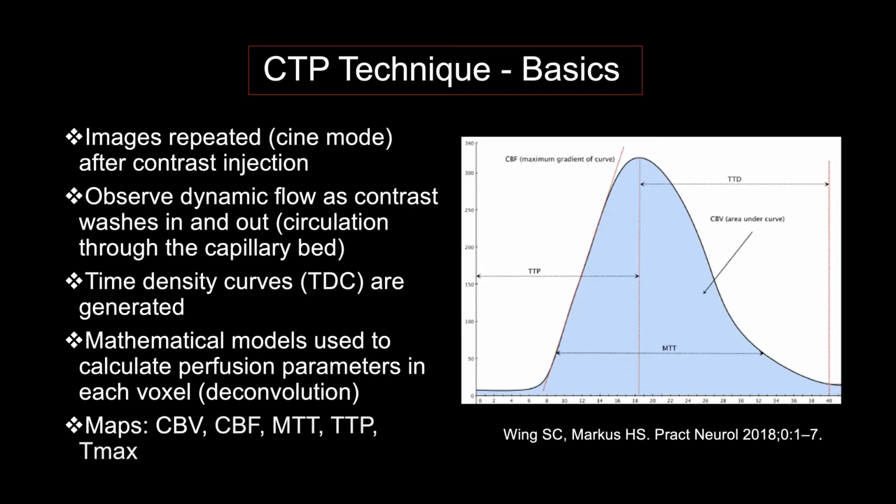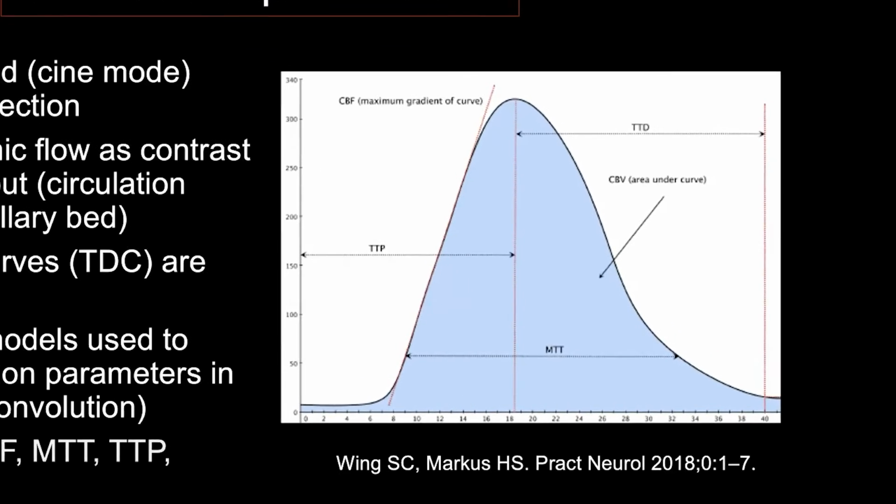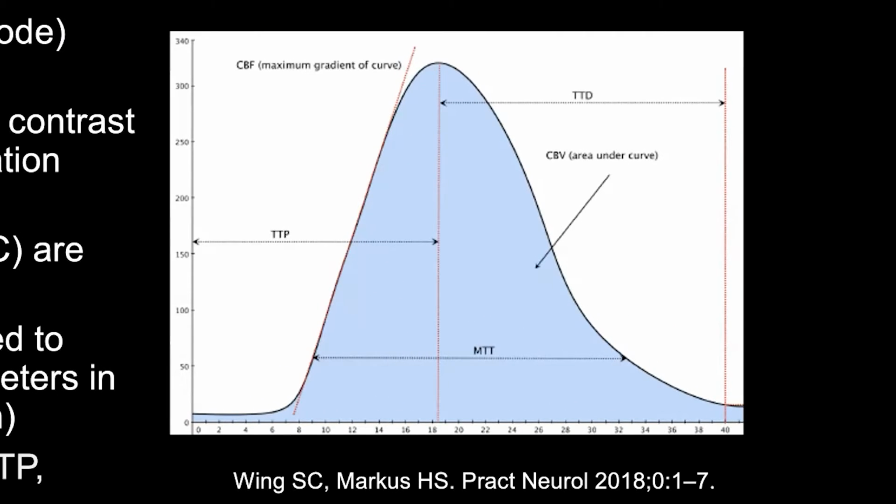The images in the CT perfusion when the patient is on the scanner are repeated. It's a cine mode, which means that the CT scanner is basically looking at the brain again and again as the contrast is being injected. And what we are seeing is this dynamic flow as the contrast washes in and out through the capillary bed. What you're seeing over here is a time density curve.